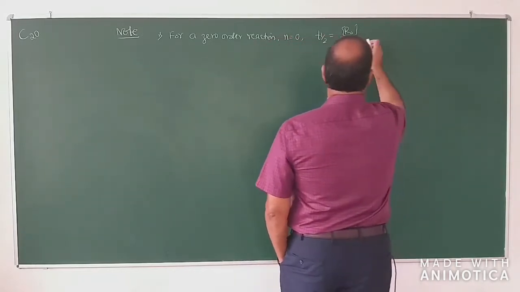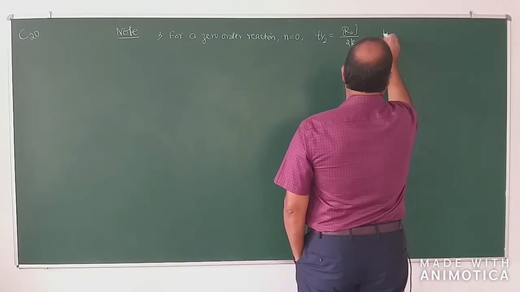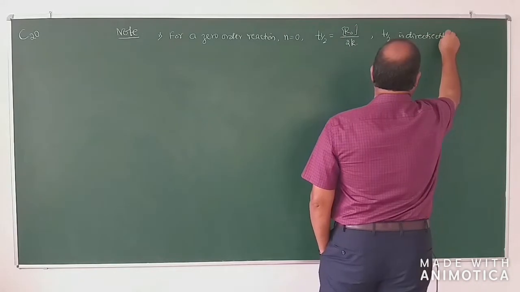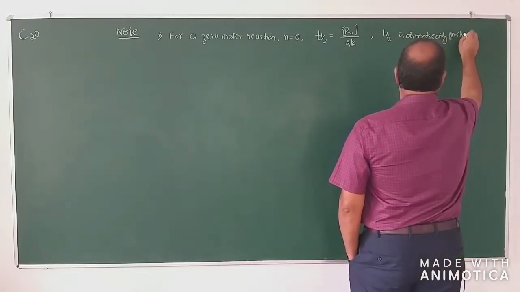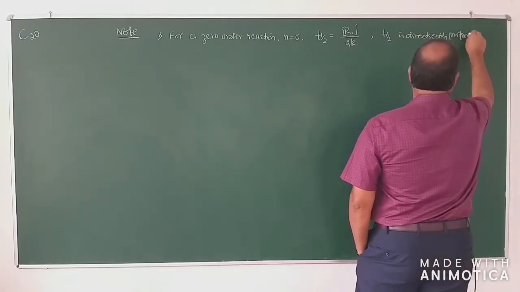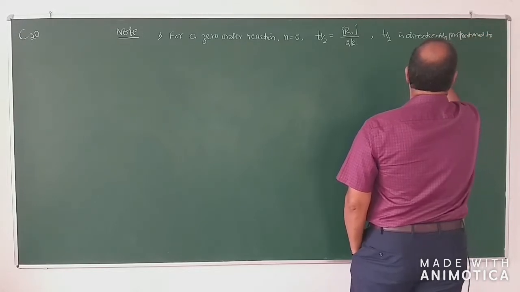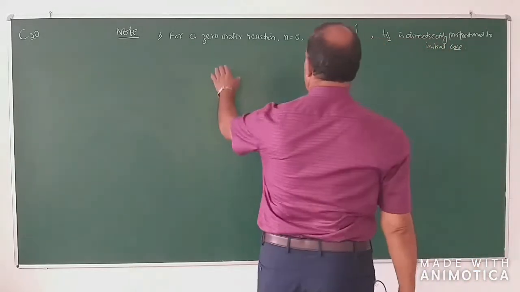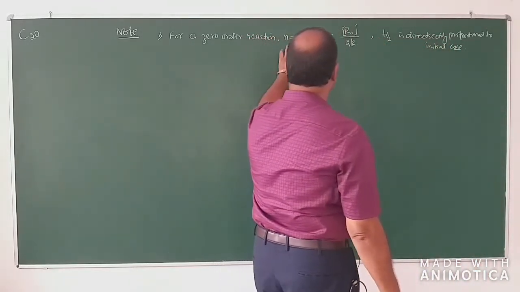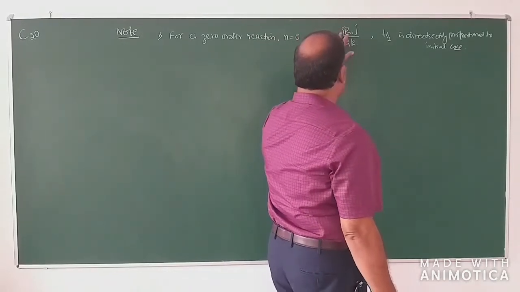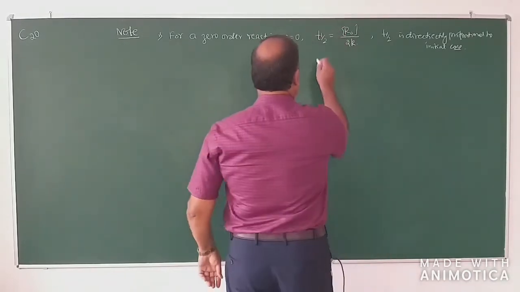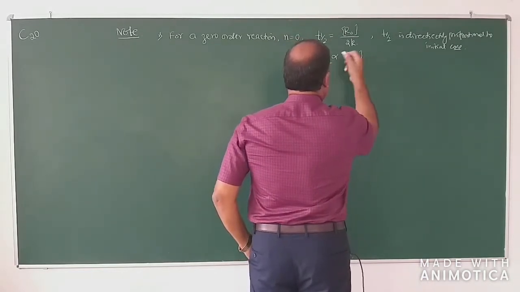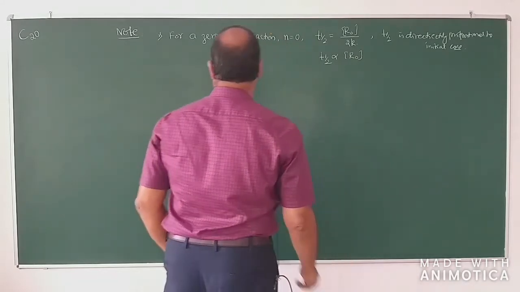What is the meaning of this? t half is directly proportional to initial concentration. So for a zero order reaction, n equals 0, t half is equal to R naught by 2k, or t half is directly proportional to initial concentration of the reactant.